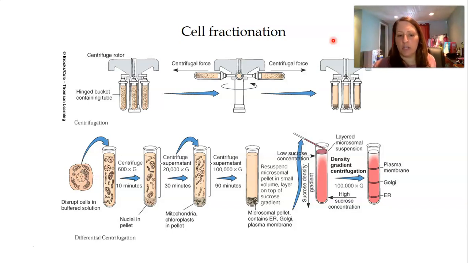Okay, so cellular fractionation is pretty easy. What we do is we start with a test tube, and I'll start down here with a test tube. And what we do is we put cells into the test tube, and then we add some type of a buffer, usually a detergent. Soap is a great one. We'll add it right to the test tube, and we allow that to sit for a little while.